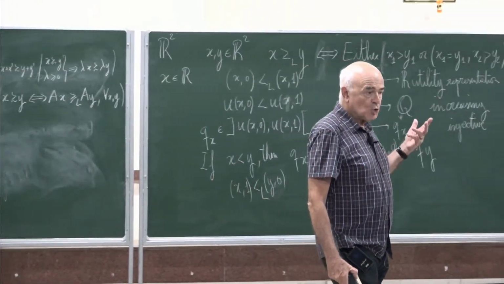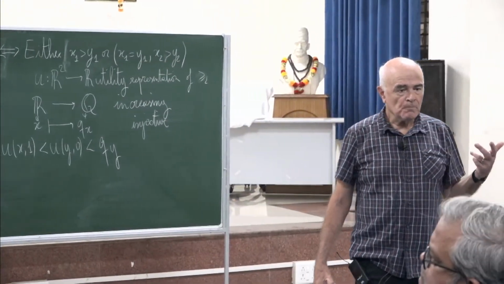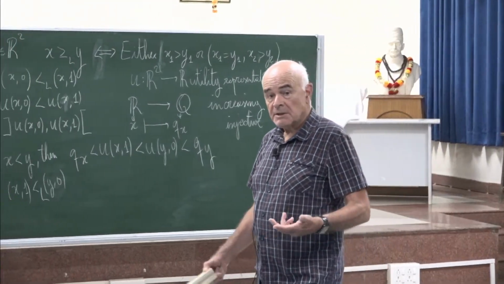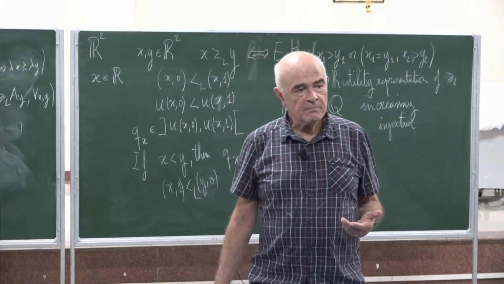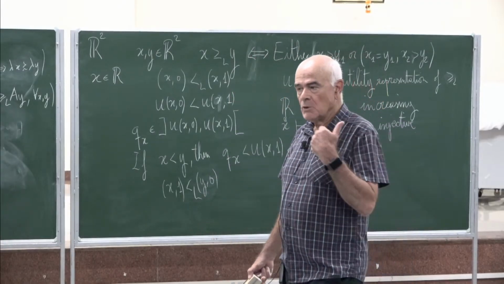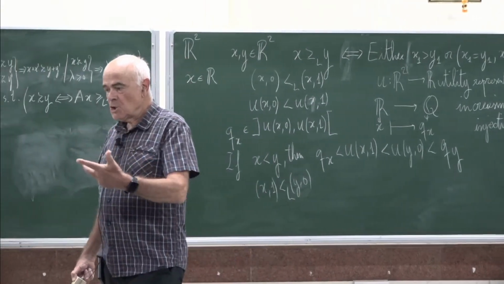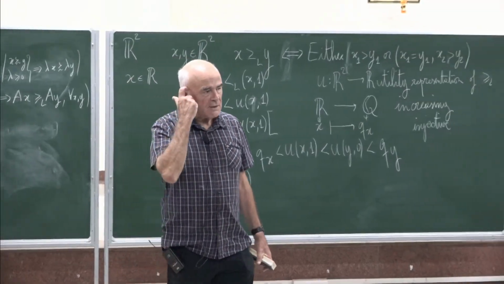You have a total preorder on Rn which is compatible with the linear structure of the space, then it is the lexicographical order up to an isomorphism. I mean, you apply an isomorphism, and under this isomorphism, it is the lexicographical order. This is what this result is saying.